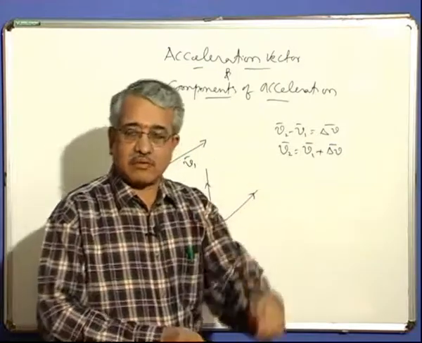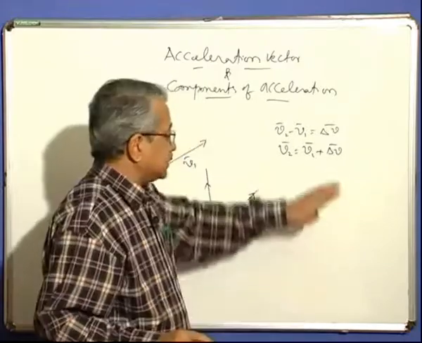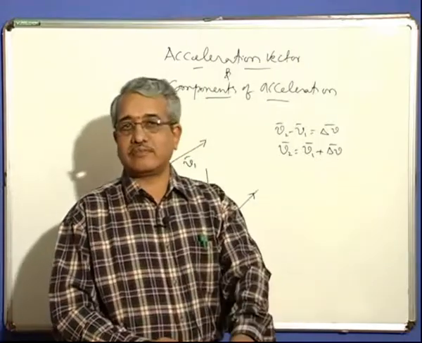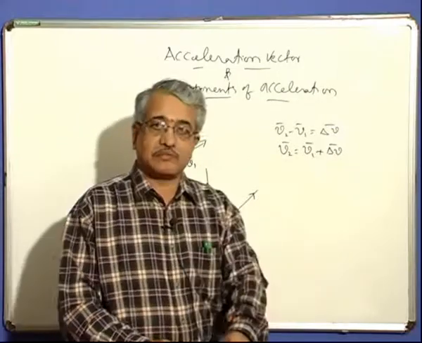Velocity is a vector quantity, so initial velocity has a particular magnitude and direction. The change in velocity also will have a magnitude and direction. Together, when you put them like this, you will get the final velocity v2 there.